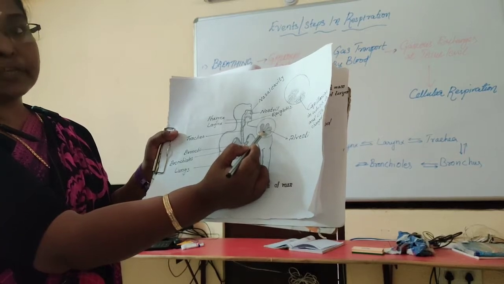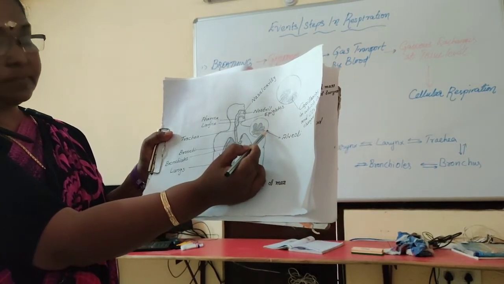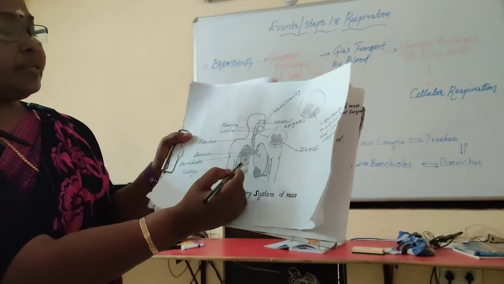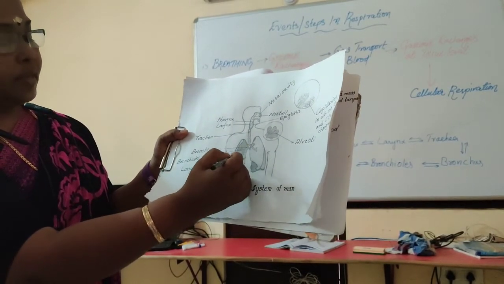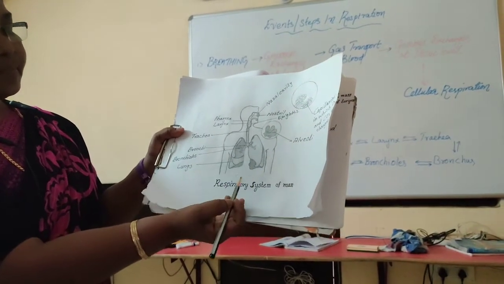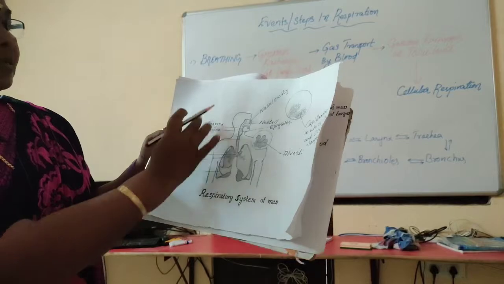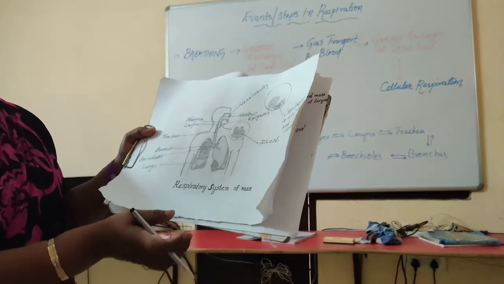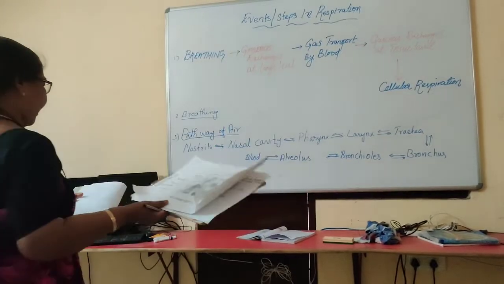Here only the exchange of gases takes place. And from there, the next part is the lungs. This part is the lungs. This is the diagram of the respiratory system of a man.